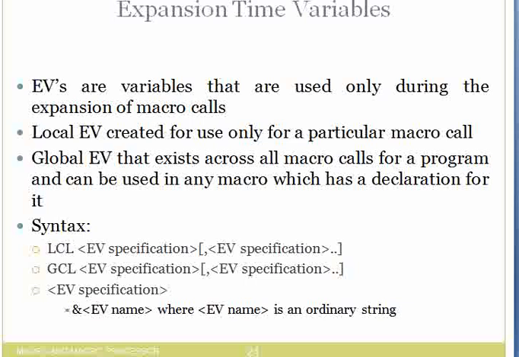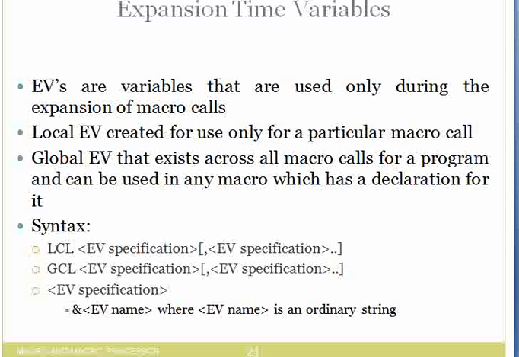If you have declared a variable of type expansion time, and it is local to that particular macro, then it is a local expansion time variable. But if that expansion time variable can be accessed by other macros also, then it is a global expansion time variable.